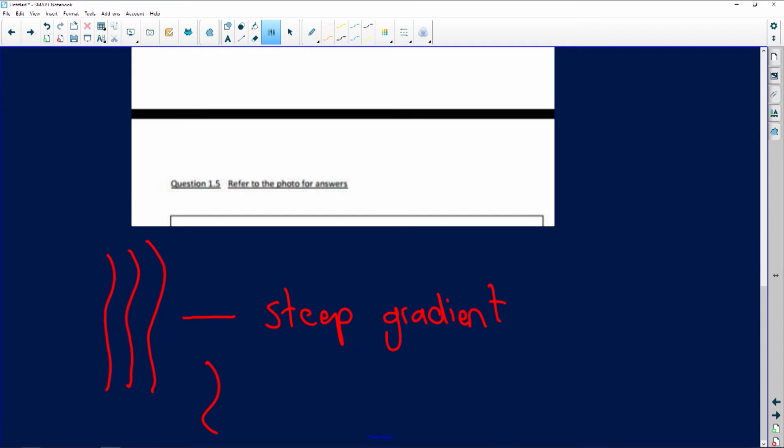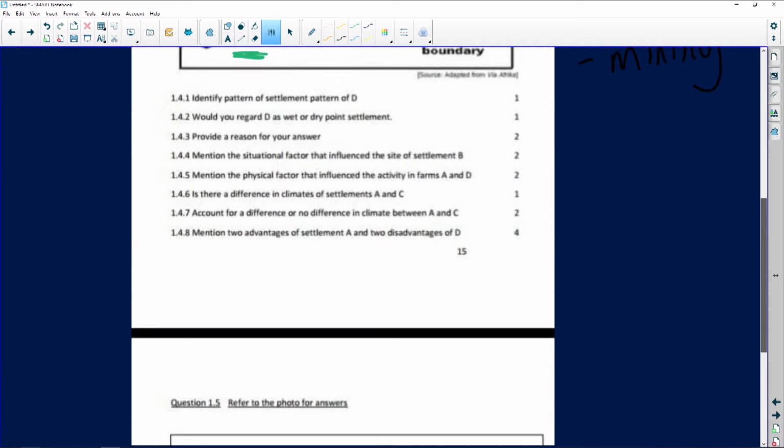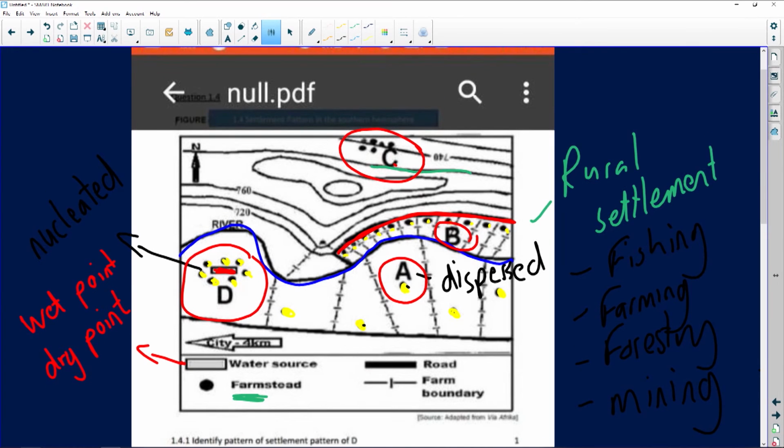If the contour lines are far from one another, we know it's a gentle gradient. Okay, so if we go back to that image, as you can see, the contour lines are very close to one another. So we are definitely experiencing a steep gradient over there.